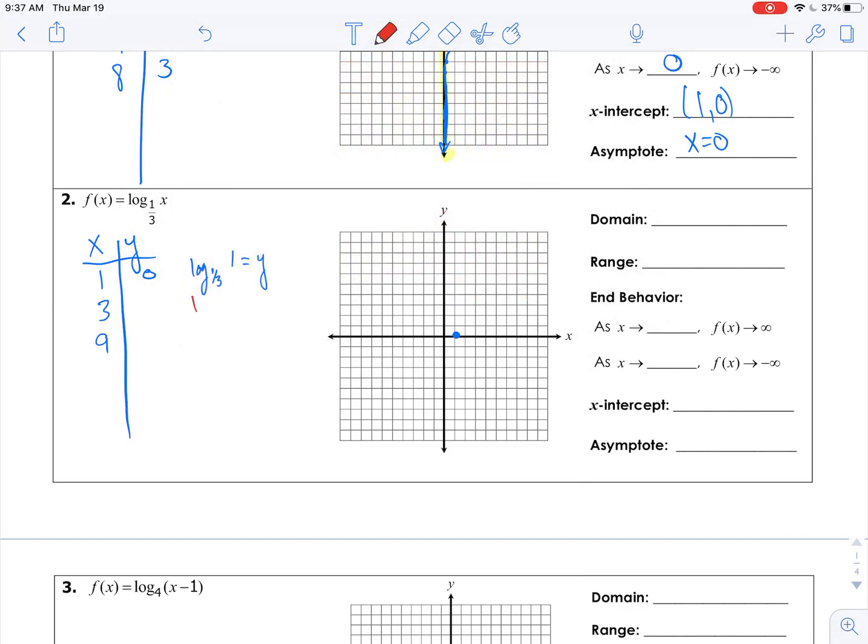Now let's look at log base 1/3 of 3, or 1/3 to what power gets me 3 over 1? Well, if I flip my fraction, what kind of exponent flips a fraction? It's got to be a negative. 3 to what power is 3? It's negative 1.